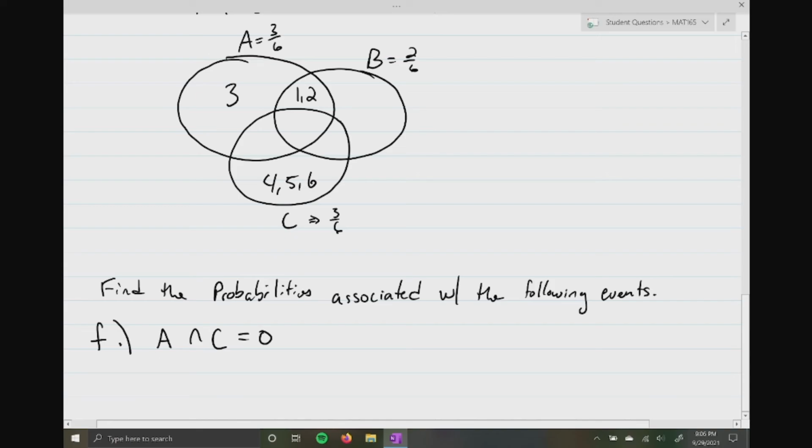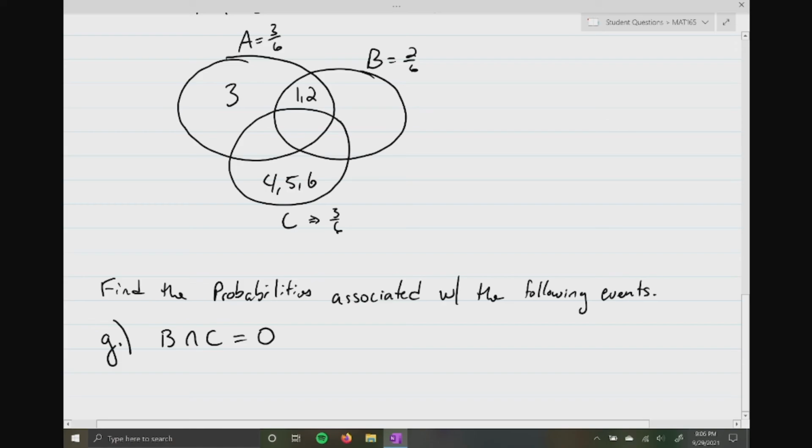Now, what's the next one? G. G is going to be B intersection with C. So B intersection with C is right here. Notice there's nothing there. So that's just going to be equal to 0.